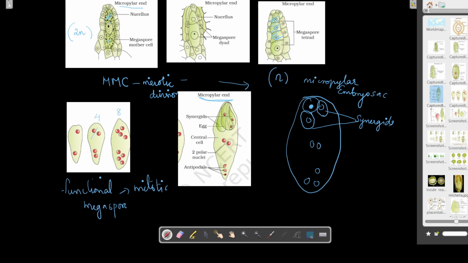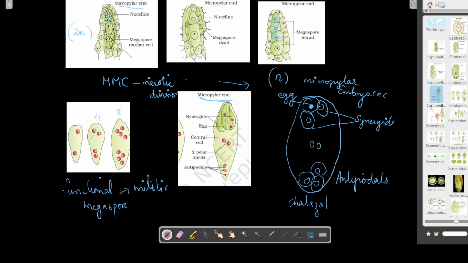Then the cells at the chalazal end. This is the chalazal end, the end opposite to the micropyle. We call it the chalazal end or chalazal pole. The 3 nuclei at the chalazal end will differentiate into 3 cells called antipodals.